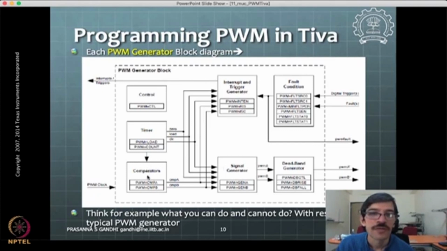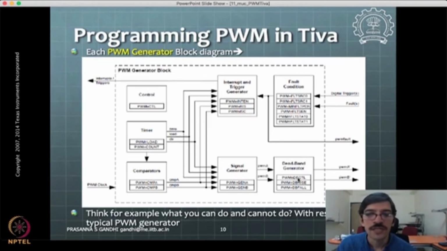From the comparator you have these 2 outputs coming, compare A and compare B, and they use some kind of timing part here also, and produce these PWM A and PWM B signals. Then those signals are further processed by this deadband generator block. So this is the signal flow one can understand.